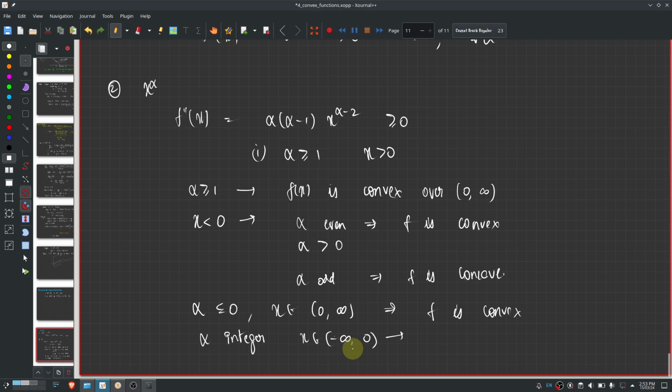Yeah, so it's concave for what alpha? Any alpha? Again, odd versus even, right? So if alpha is odd, then f is concave, and f is convex for alpha even.